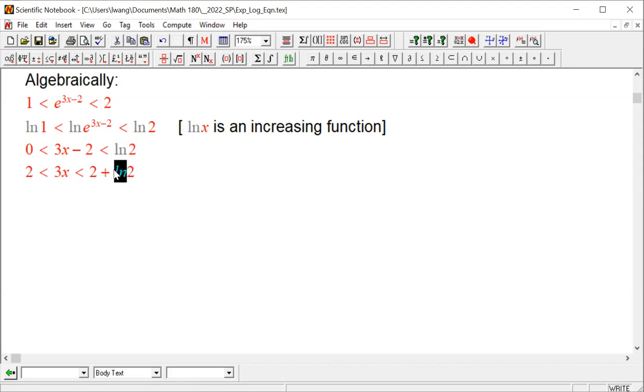And divide every side by 3. 3 is positive, so we don't need to change anything. So this divided by 3, and this divided by 3, it's just going to be x, and this one divided by 3, which is multiplied by 1/3.